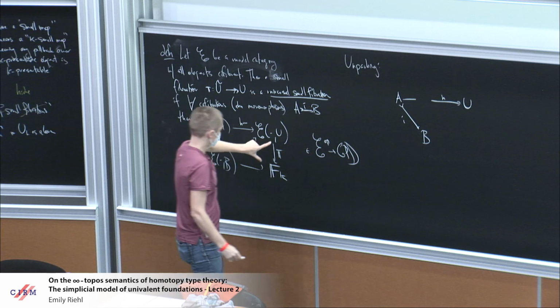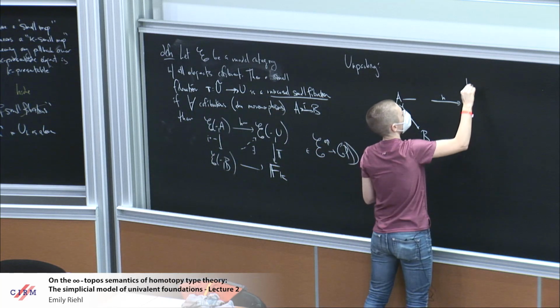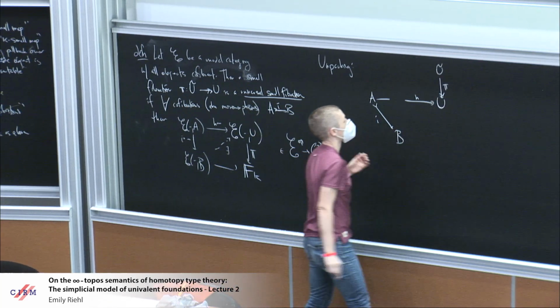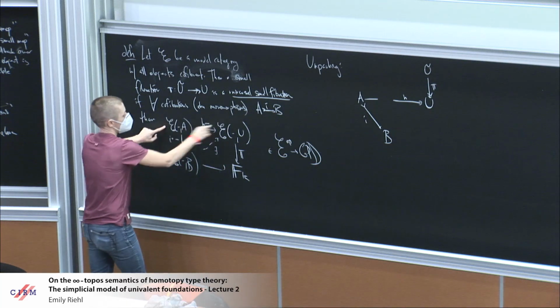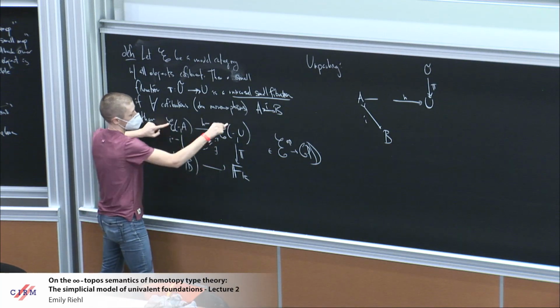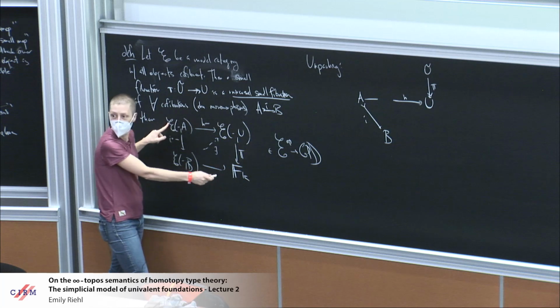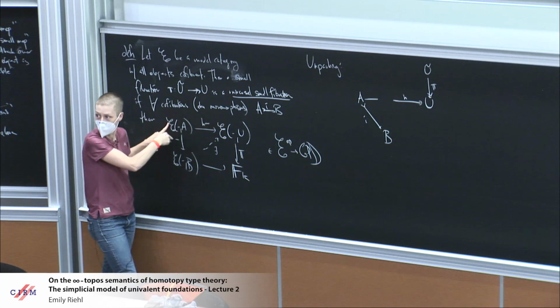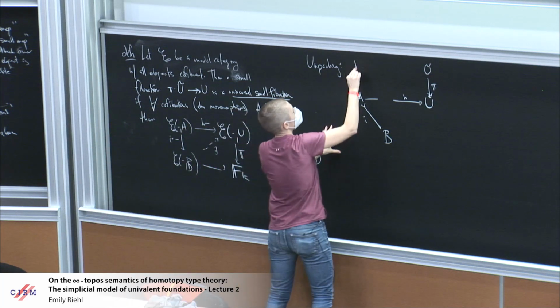Now, U, of course, is the codomain of my universal fibration, which is here. And when I compose this way around, this composite by the Yoneda lemma corresponds to a specified small fibration over A, which I'll draw in here.